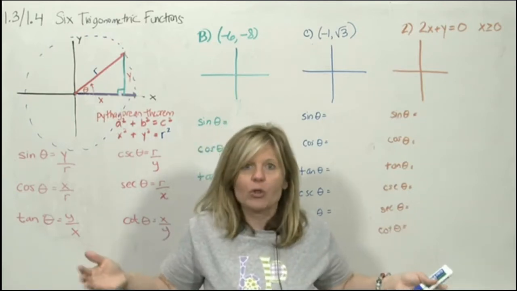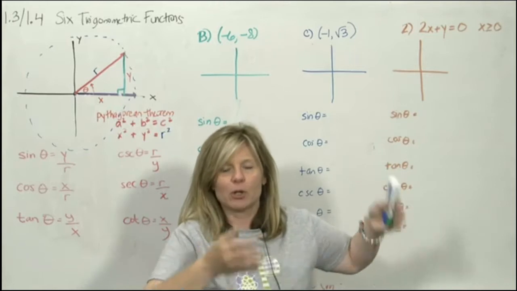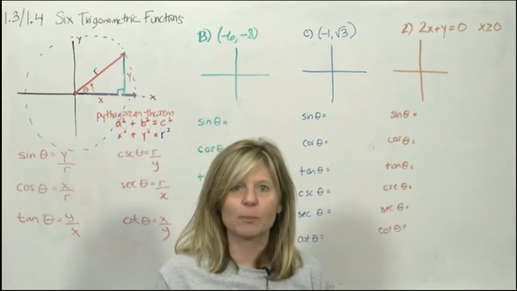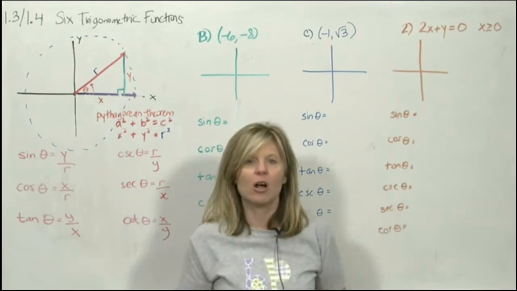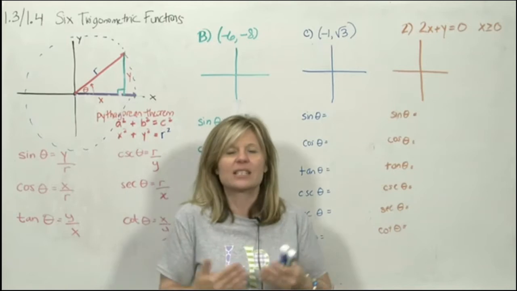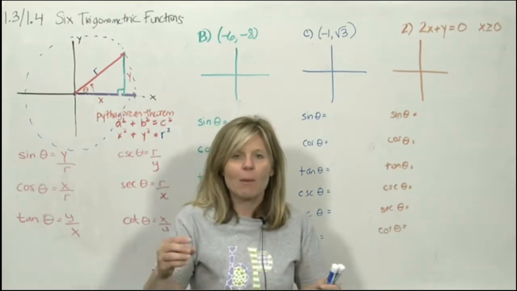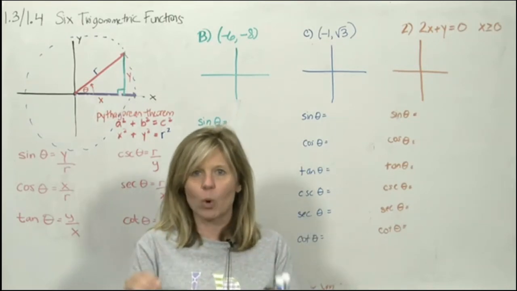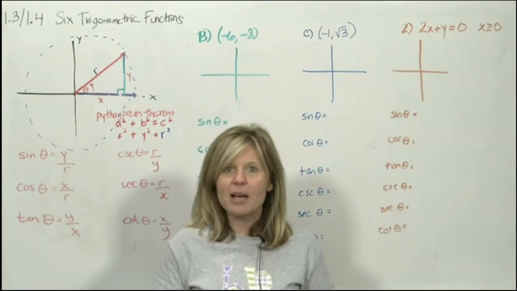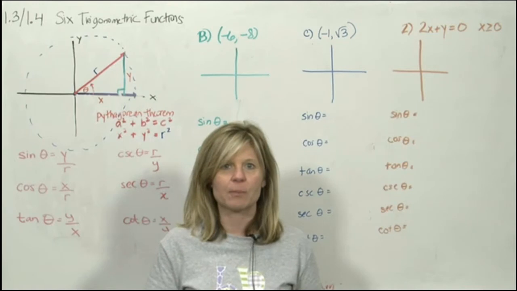Because in our world, that's what somebody defined that animal to be. If you have a pet at home that has 4 legs, wags its tail, but goes meow meow, do we call it a dog? No, we call it a cat. It's a definition. We accept it to be true. So I'm about to give you the 6 trig word definitions. Don't question them. You have to accept them as true, and you have to memorize them.